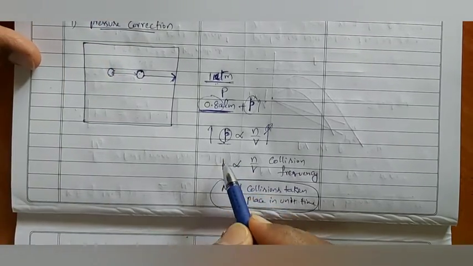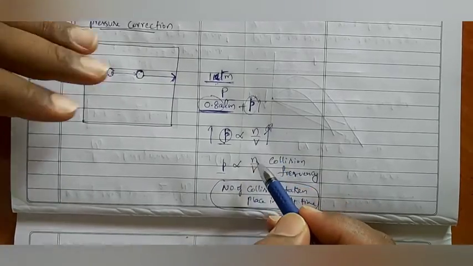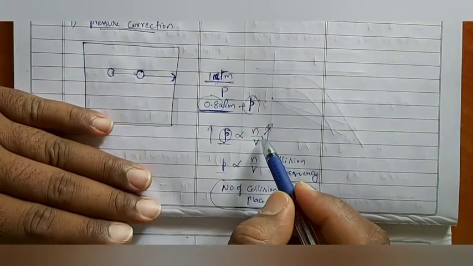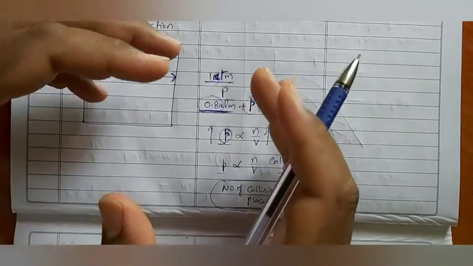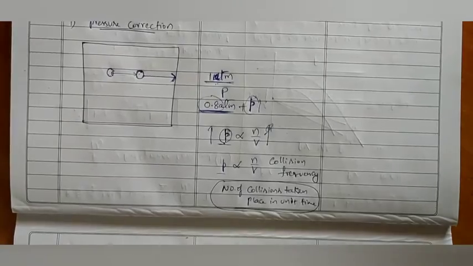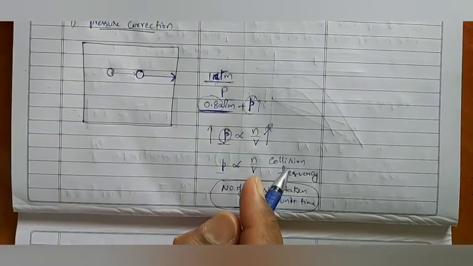When this p becomes 0, this N by V is getting a lower value. That means the number of molecules present in unit volume is less. That means the volume must be very high and the number of molecules must be very low. Is it correct or not?